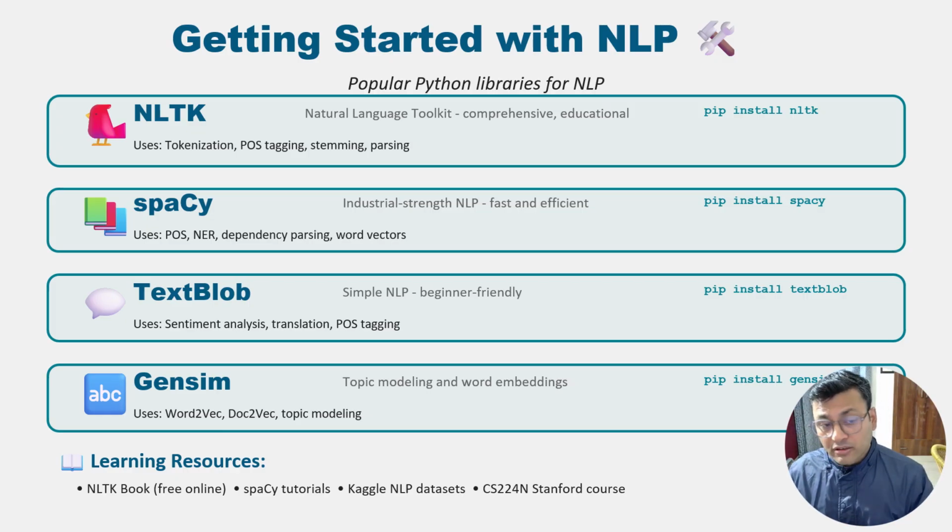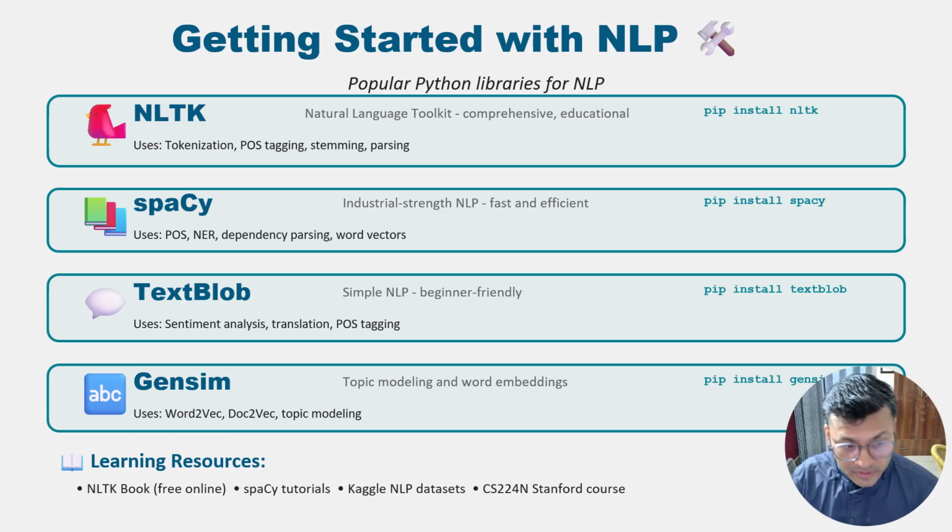and many other functions. In a similar form, you have spaCy, which is basically used for parsing, NER, dependency parsing, and word vectors. TextBlob is also a very prominent library. Simple NLP, beginner friendly as well, for sentiment analysis, translation, and POS tagging.